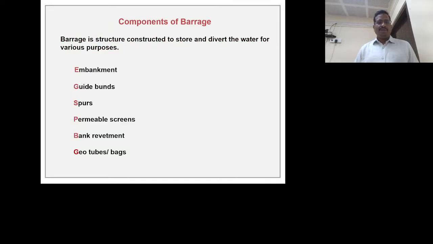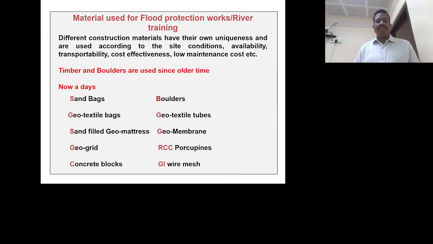These are the components of embankments, guide bunds, spurs, permeable screens, bank revetment, geotubes, and bags. These are the protection materials we generally use to protect the banks of rivers.